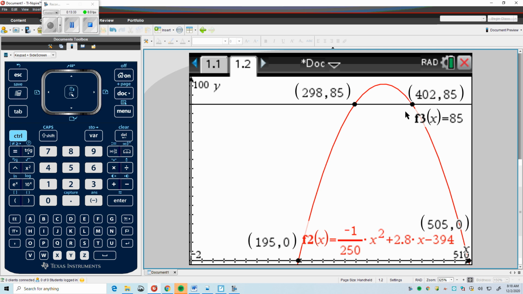So if I were to look at this and answer this, we could say here, between and including 298 to 402 would be our answer. And remember, these are representing degrees. So between 298 degrees and 402 degrees, that will give us a rate of return of our popping of 85%.